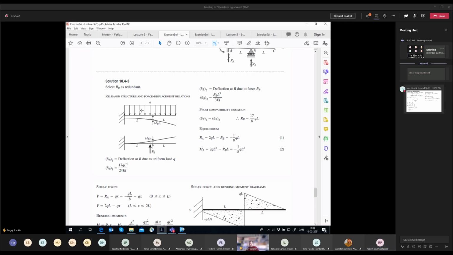Let's just clarify that we agree on how the 17 over 24 emerged. It emerged from this formula for the displacement v. Then instead of x, we substitute L, and instead of L in this formula in the appendix, we substitute 2L. So this is what we agreed upon, right?